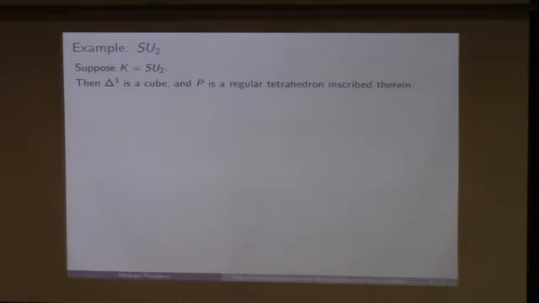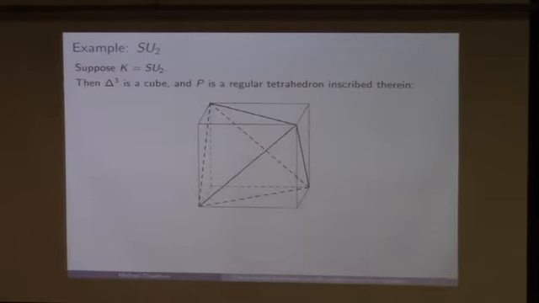deceptively simple. The space of conjugacy classes in SU(2) is parametrized by an interval. The simplex is simply an interval. So delta cubed is a cube, and the polytope P, the polyhedron P, is a regular tetrahedron. There it is. There are 4 faces, and of those 4 faces, 3 of them come from degree 0 Gromov-Witten invariants.